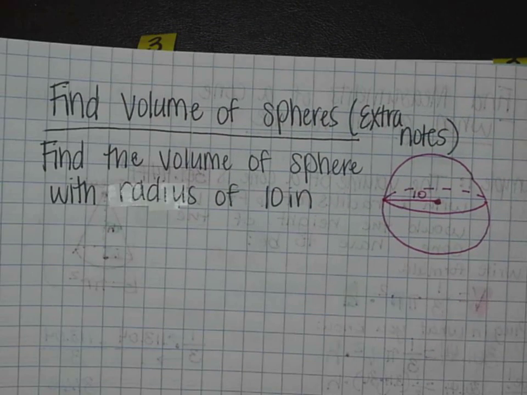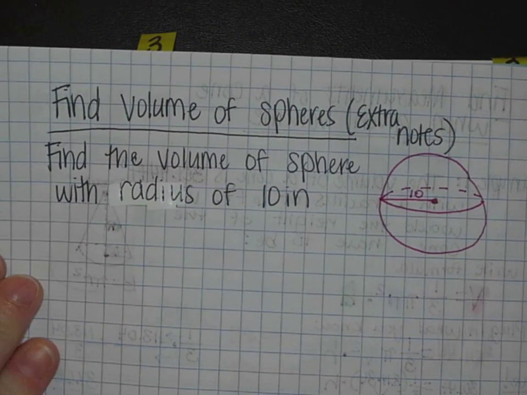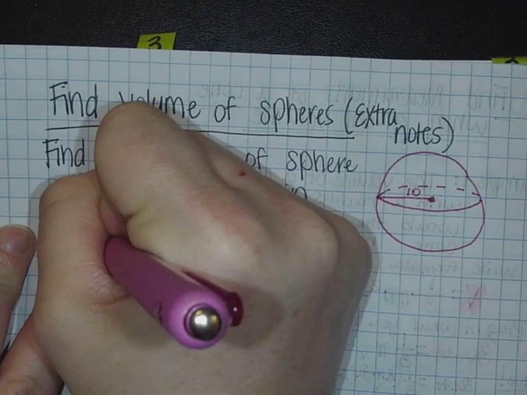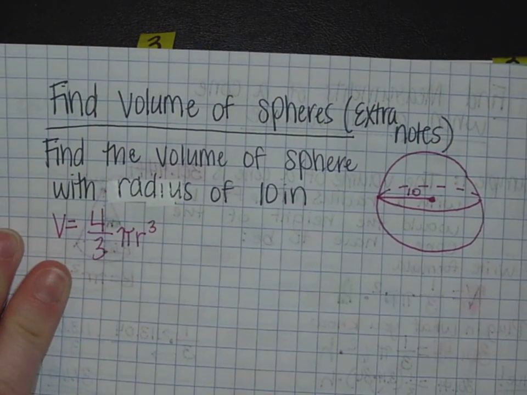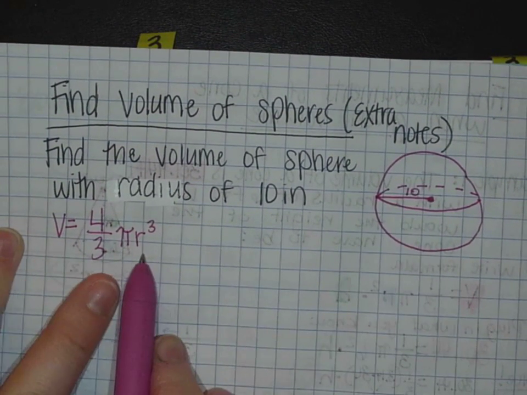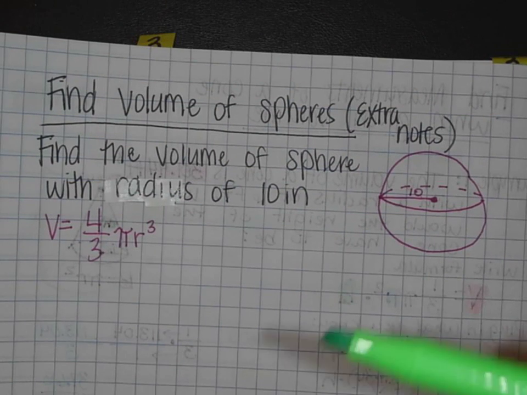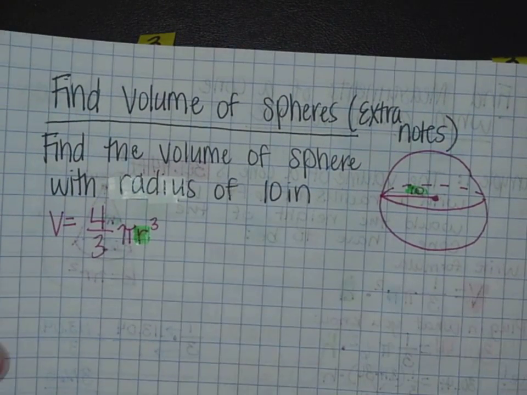And so we're going to write the formula. Our formula is volume equals 4/3 pi r cubed. Okay, so the 10, and then we're going to plug in what we know. We know that that 10 is the radius.